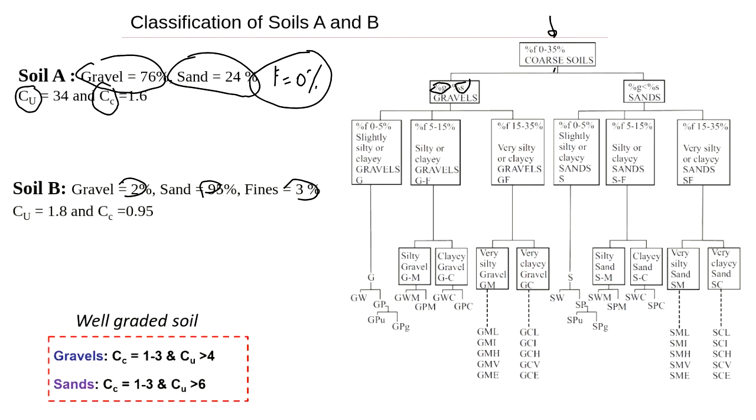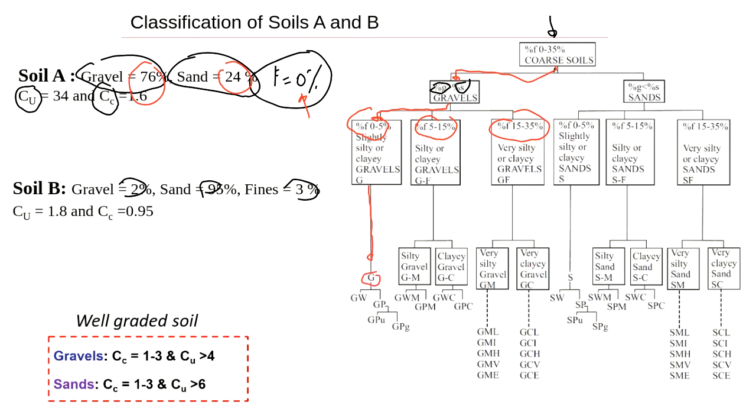We have 76% gravel versus 24% sand. So we're going this way. Then we need to decide again, and we look at the fines: 0 to 5%, 5 to 15, or 15 to 35. We know that we have 0% fines, so again we're going to the most left. And this gives us the answer: gravel.